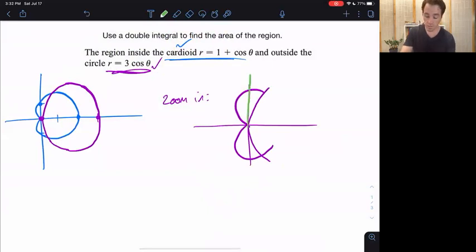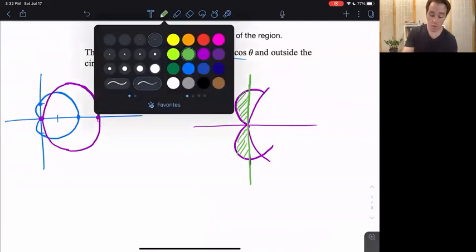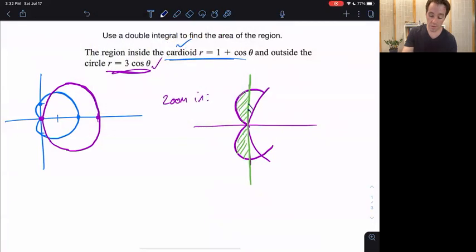There's going to be this stuff, which you'll notice is only bounded by the cardioid. The circle doesn't enter into it at all. Then, separately, we're going to look at this stuff over here, because this is bounded by both of them. So if you try to do this with a single integral, you're going to fail. You're going to have to set up 2 different integrals that deal with the 2 limits of integration.